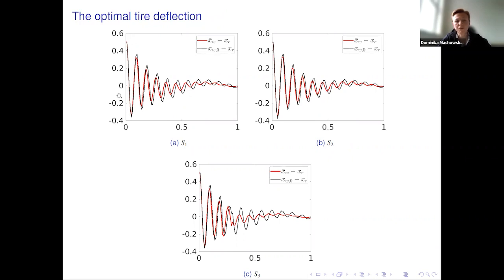Now we analyze the optimal tire deflection. This is the difference between the road and the tire. And we see that after some time we are near zero, so the vibrations decline for all types of roads. But of course, the worst is when we consider the road with many jumps.